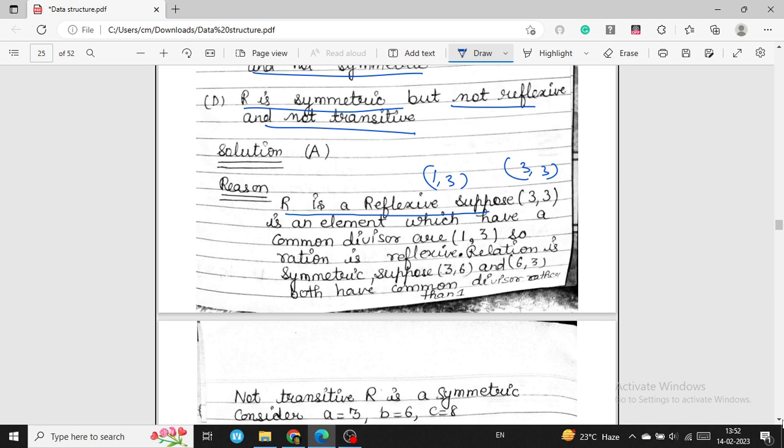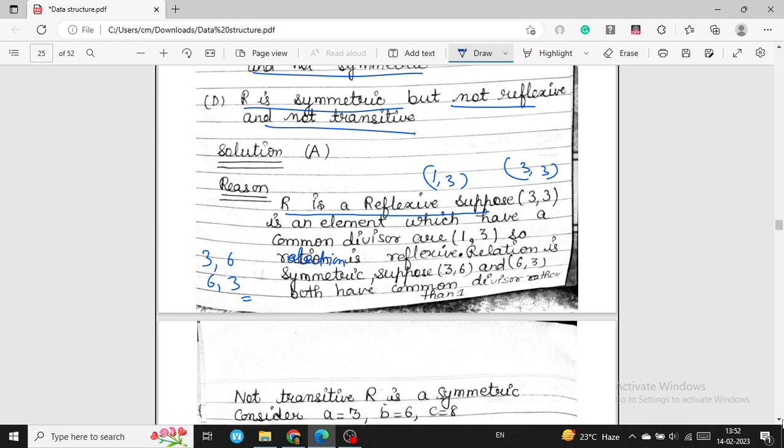So the relation is reflexive, and the relation is symmetric. We take here 3, 6 or 6, 3, both have a common divisor other than 1, that is also present, but not transitive.